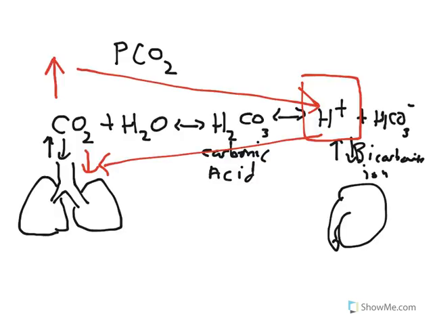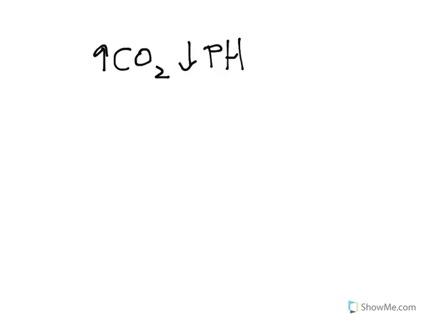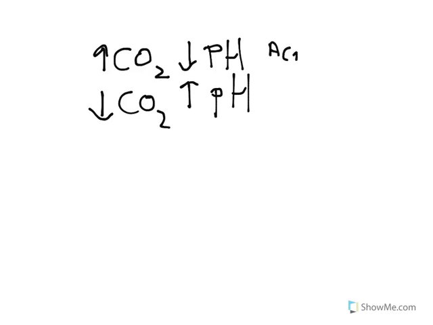An increase in CO2 creates an increase in hydrogen ions. An increase in hydrogen ions means a lower pH. And if CO2 ever goes down, the pH must go up. These are inversely proportional. This, of course, means acidic, and this, of course, means basic pH.